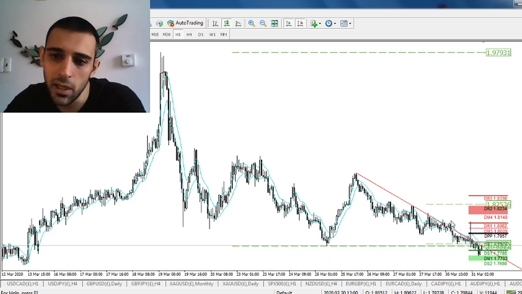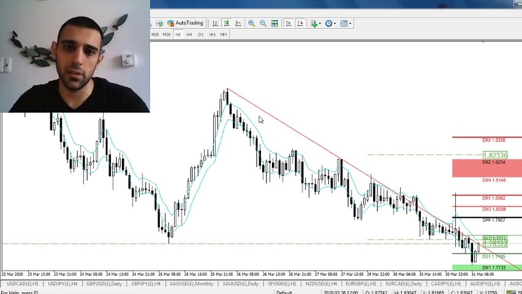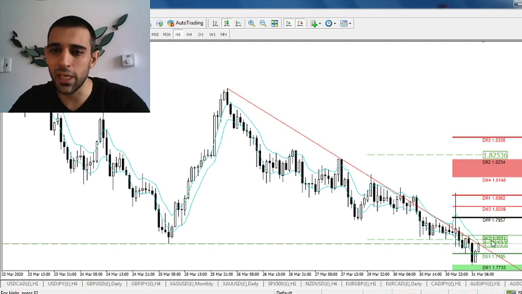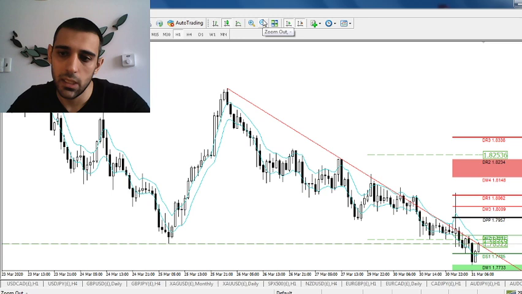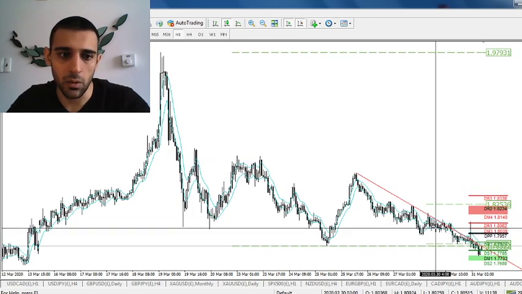It broke, but then it returned and continued towards the handrail, this trend line. So it has not completely broken this trend line here. I want to see that happen, and then I would be looking to get on to the long side.